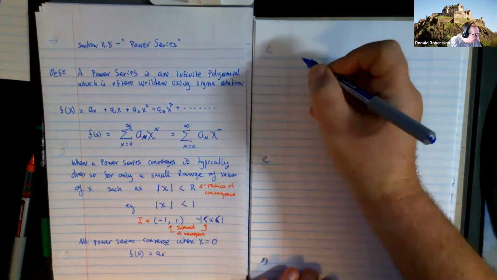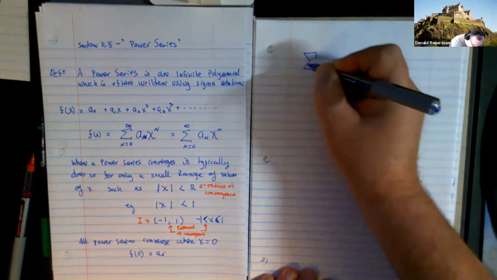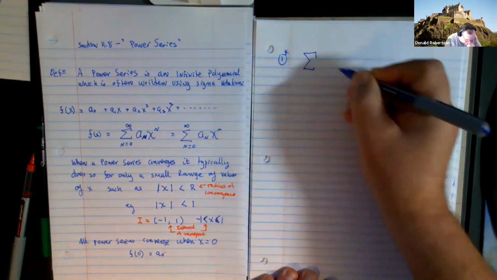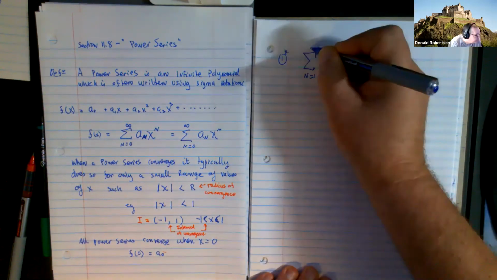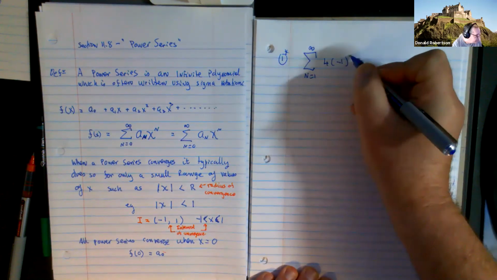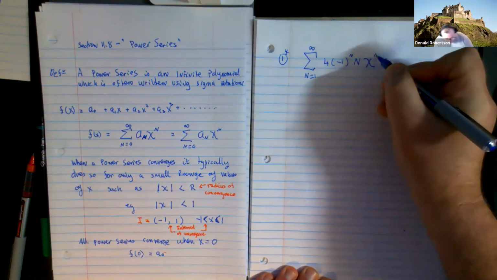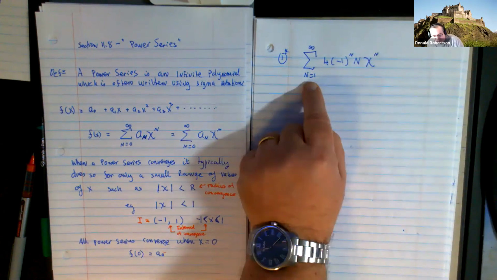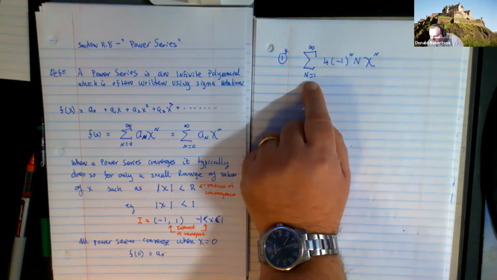So here is our first power series. It's very like question 1. Now, do you know that this power series started at 1 instead of 0? Sometimes they start at 3 or 4 as well, but most of them will start at 0.